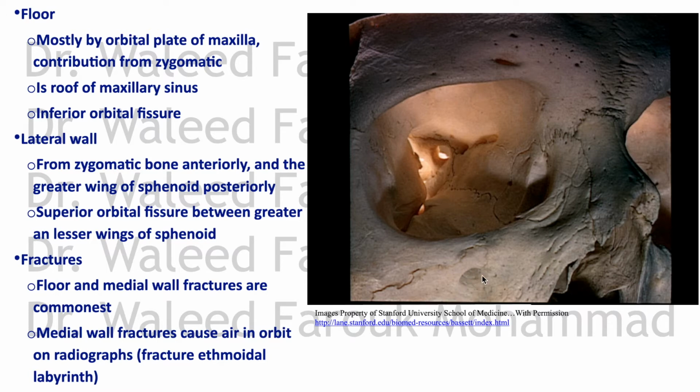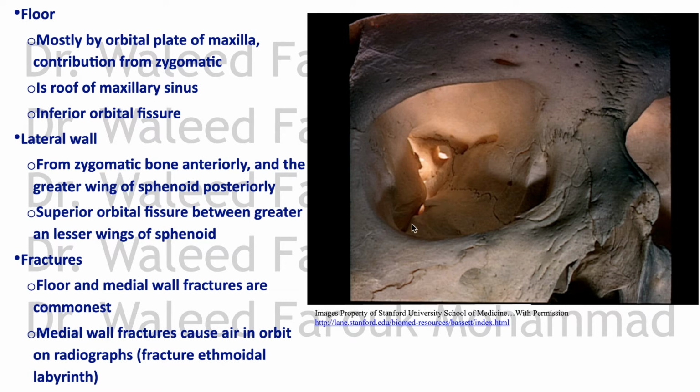This is the infraorbital foramen. And see, the groove does not continue to the very end because it's turning into a canal deep in the bone that will open in the infraorbital foramen.